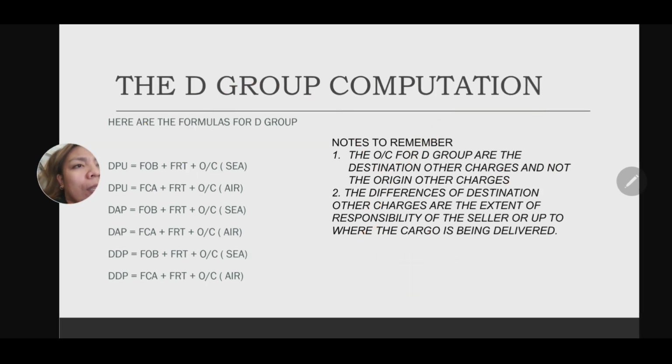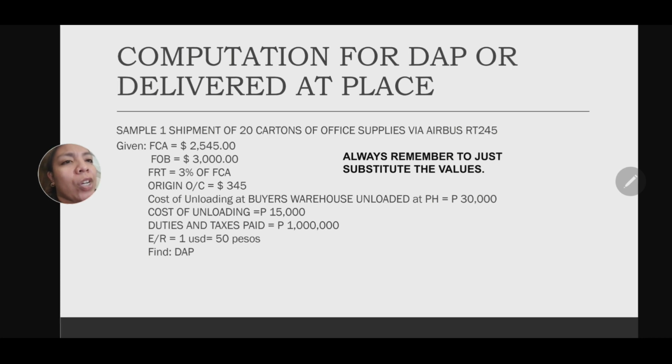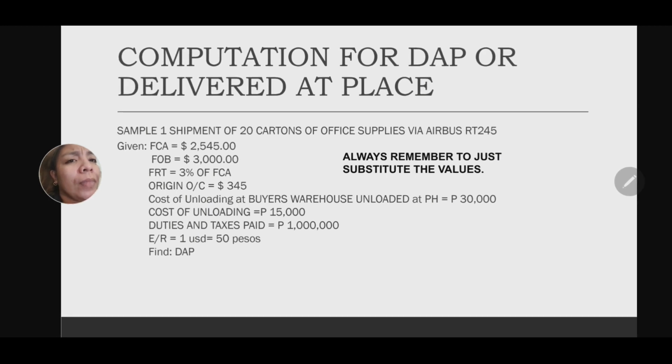Okay, so let us now discuss the computation for our DAP or the delivered at place. Our sample here is a shipment of 20 cartons of office supply via Airbus RT245.